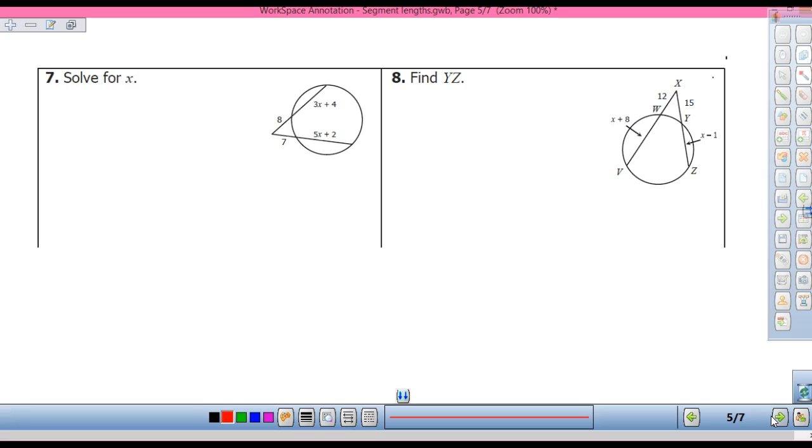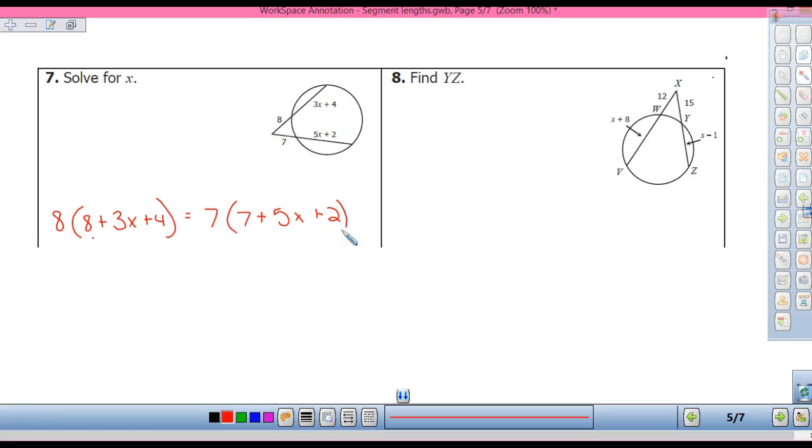Okay, so this one, let's set it up. What do I get? 8 times 3x plus 4 equals 7 times 5x plus 2.